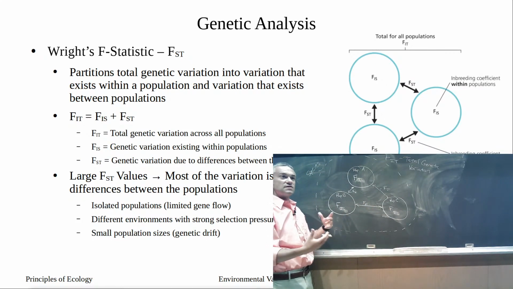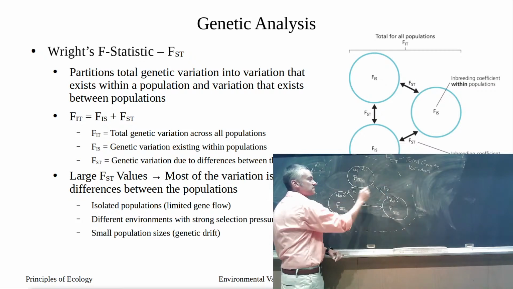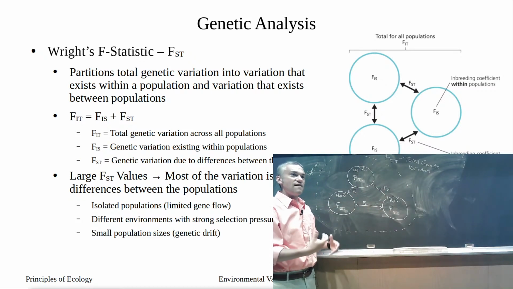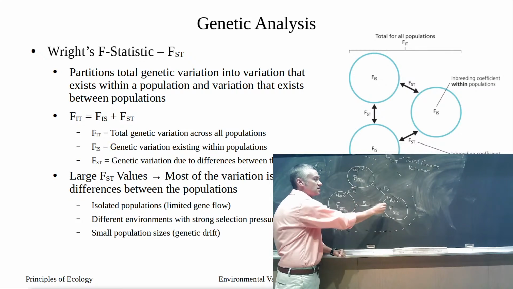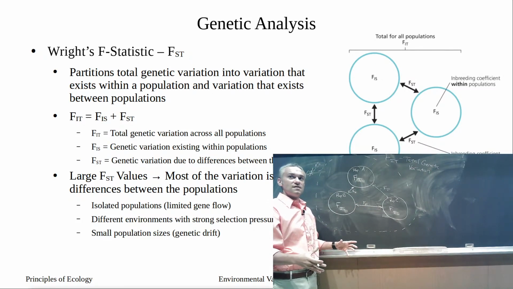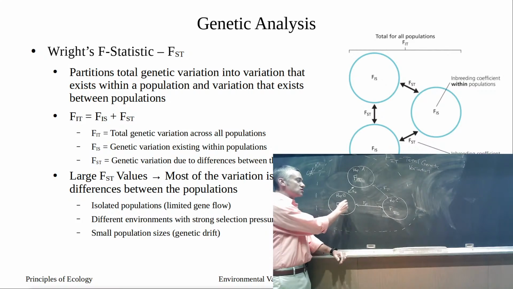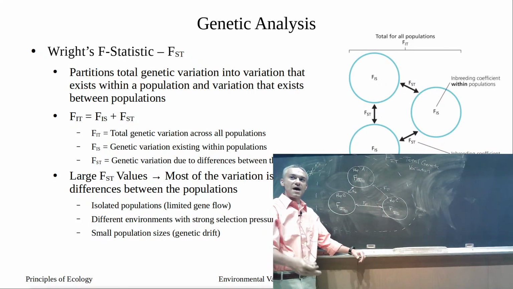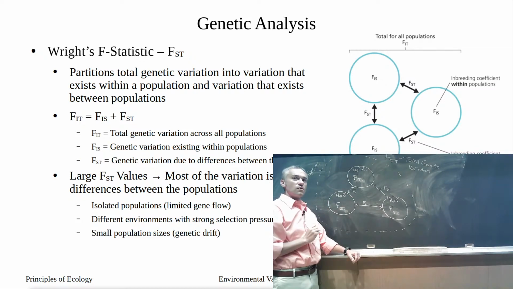So what you can start to see is that as our FST value gets bigger and bigger, we have more and more variation that's being attributed to differences in our populations. That suggests then that our individual populations are going down their own evolutionary path and becoming genetically different from all of the other ones.